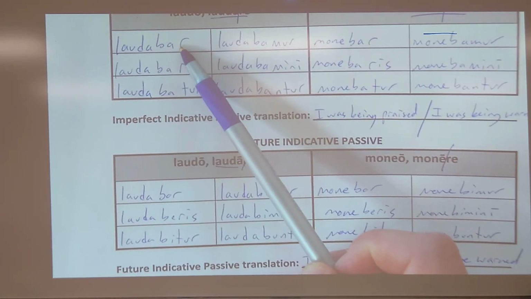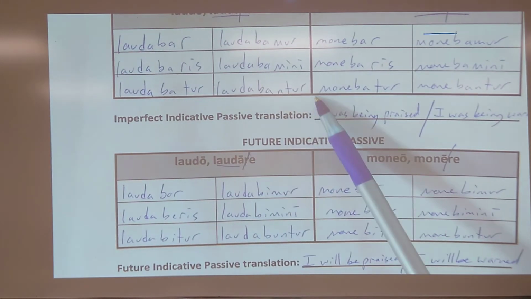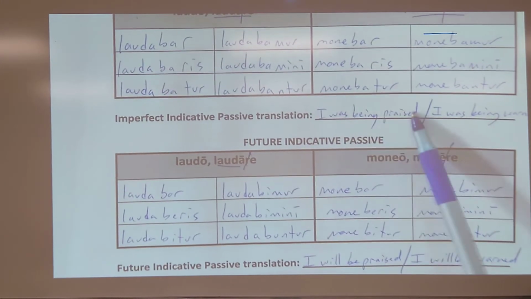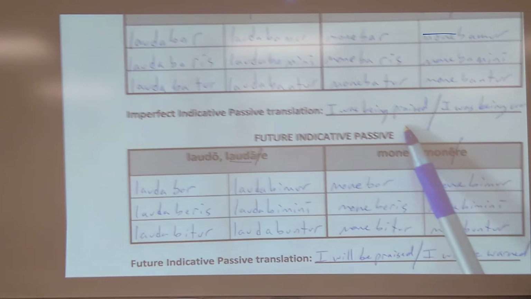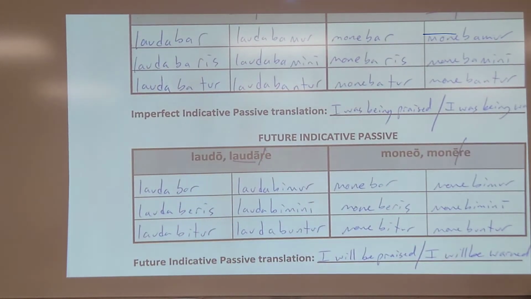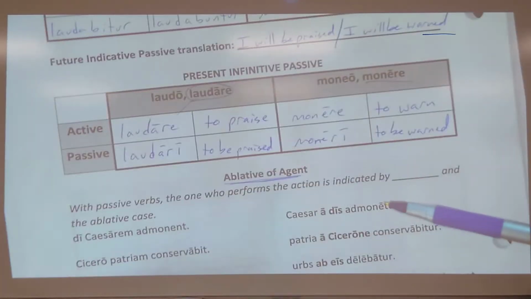Okay, that's a complete sentence. But if we make it passive, laudabar, I was being praised. Well, it's still a complete sentence, but we kind of want to know more information. I was being praised by whom? Who was I being praised by? That's what the ablative of agent is for.